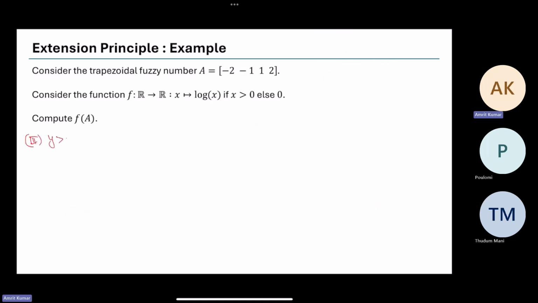Now let us come to the case when y is greater than 0. I'll write my function again. So f of x is log x for x greater than 0. It is 0 when x is less than or equal to 0.